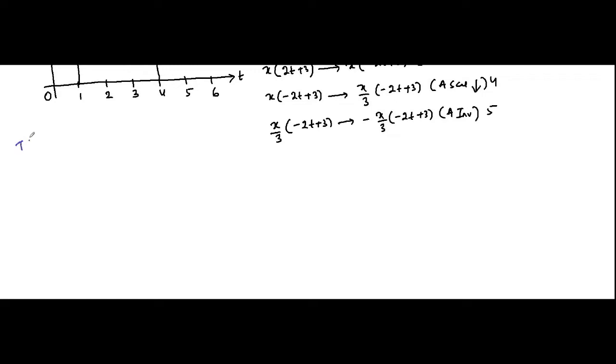First is time shifting. So x(t+3). It means the shifting will happen to the left by 3 units. So the time shifted signal will look something like this.